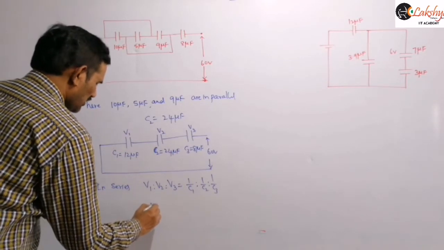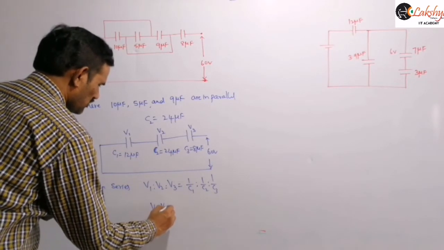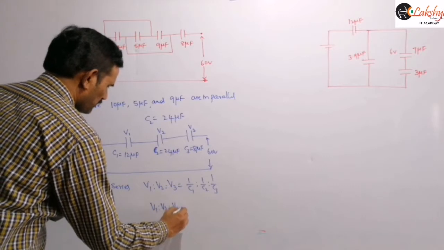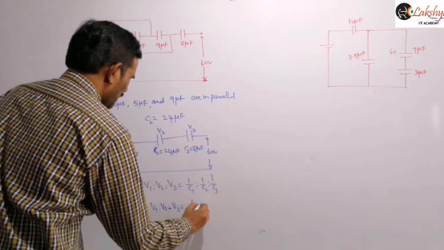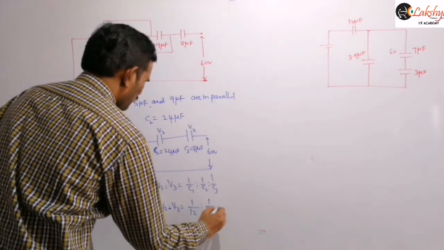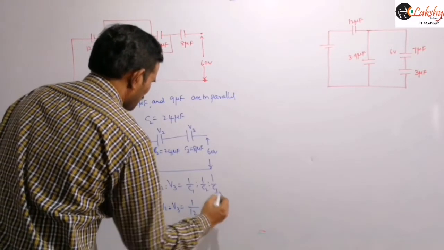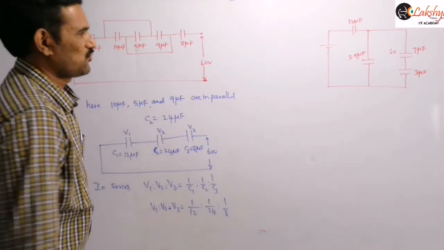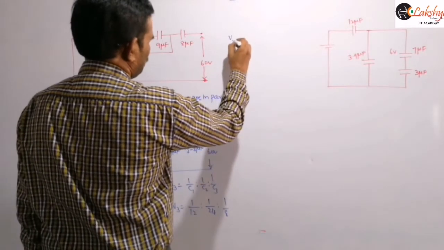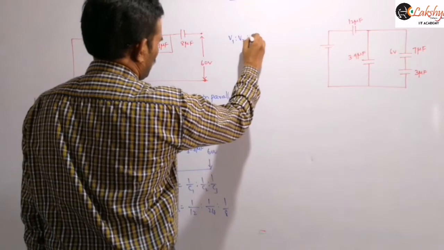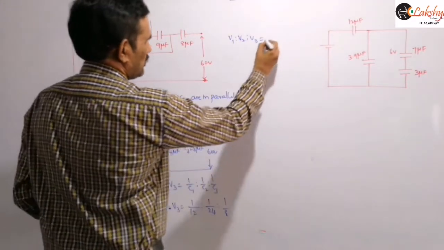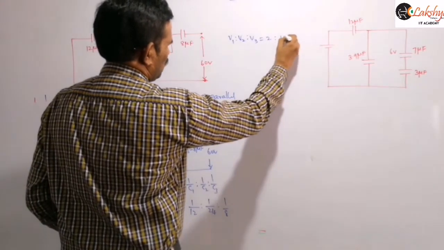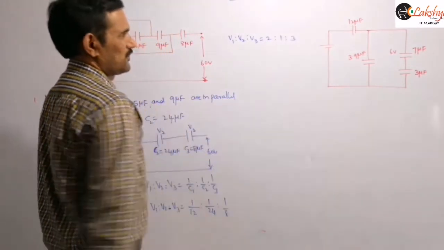Therefore V1 to V2 to V3 is 1 by 12 to 1 by 24 to 1 by 8. Multiplying with 24, we get the ratio 2 to 1 to 3.